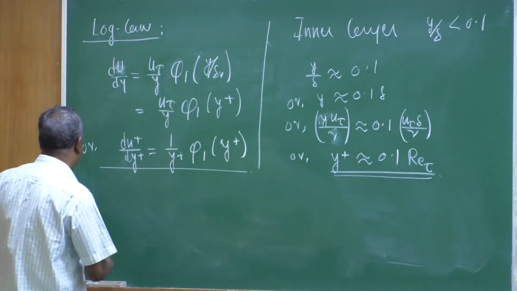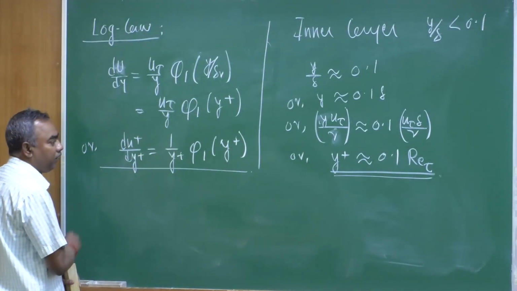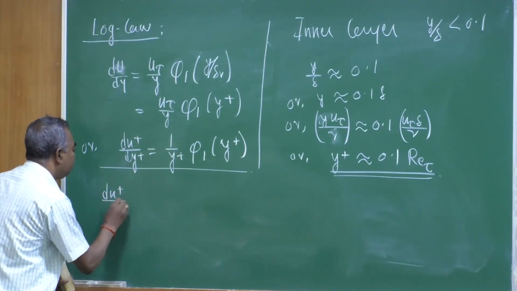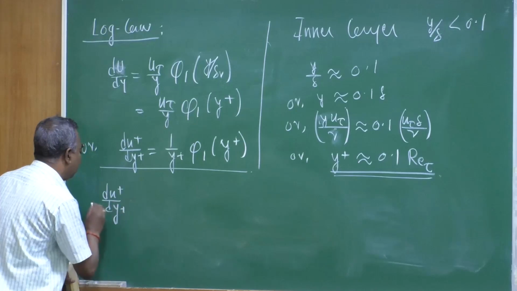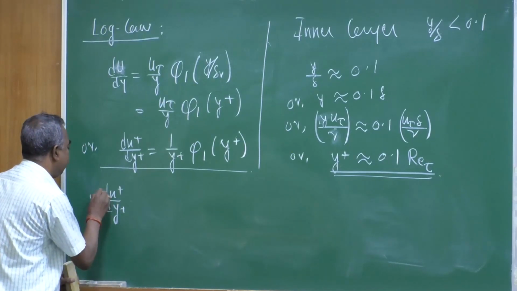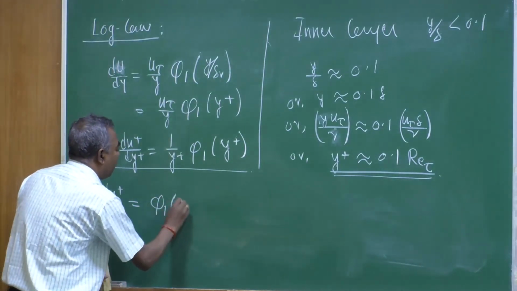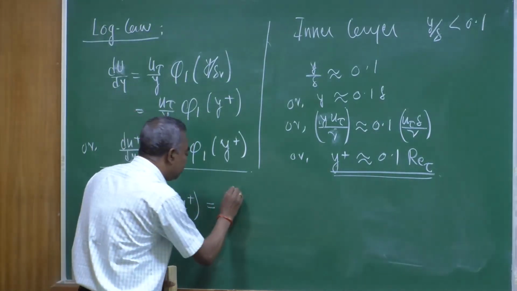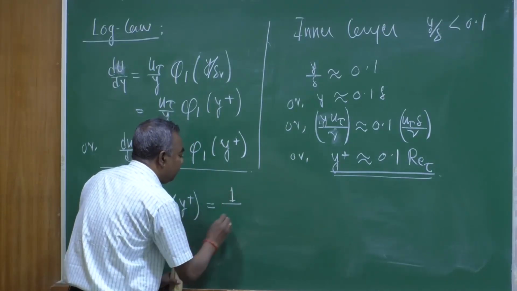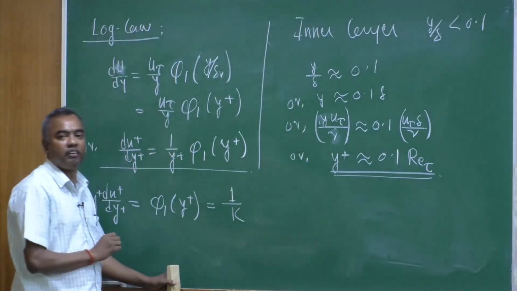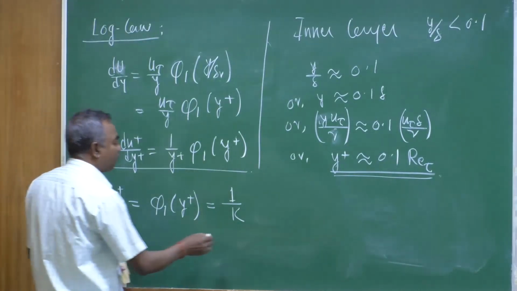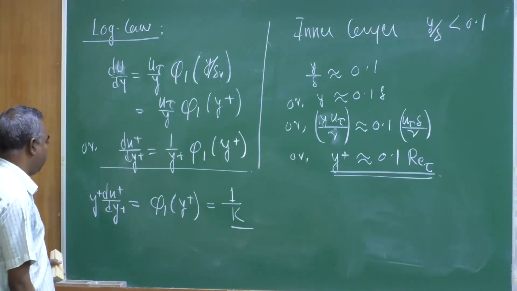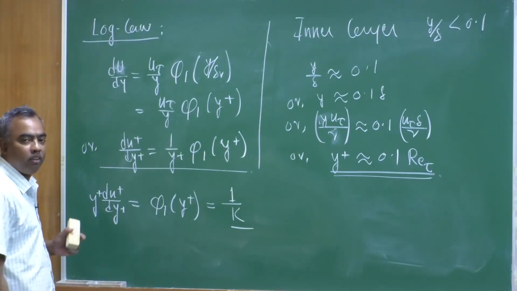If this is the case, then this function can be just a constant. So, based on this argument, in the outer part of the inner layer, phi 1 of y plus becomes a constant, and this constant is considered as 1 by kappa. This is after von Karman, who did this analysis in 1930, and the constant is named after him: the von Karman constant.